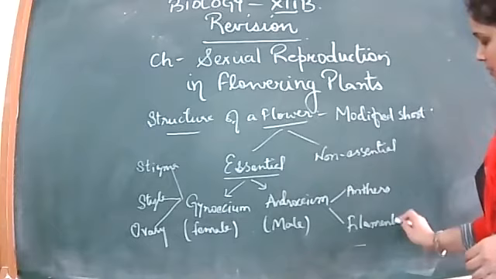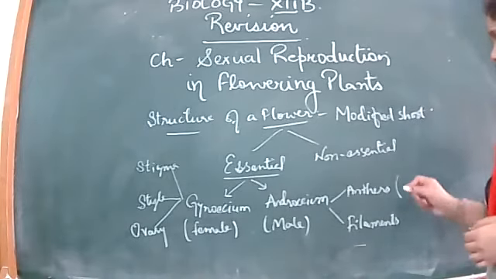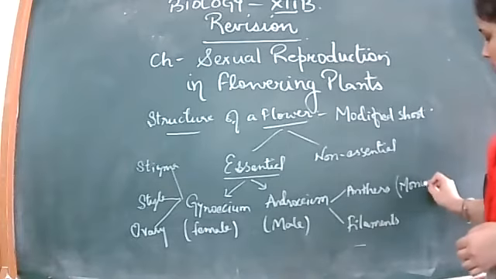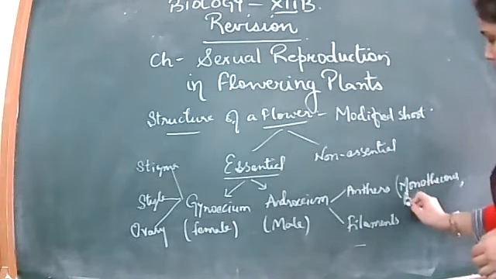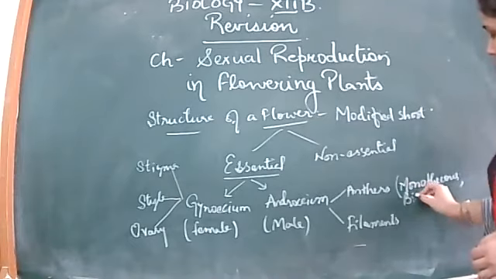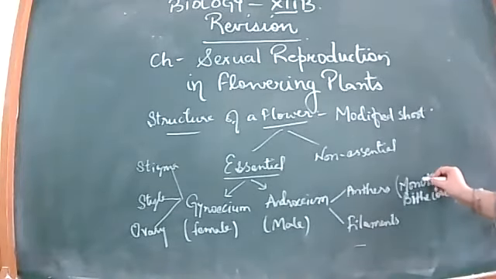Depending upon the structure of the anther, we have further discussed this as monothecous or bithecous. हमने इसको monothecous और bithecous दो terms में पढ़ा है. What are these monothecous and bithecous? Monothecous means when it is having a single lobe, right?